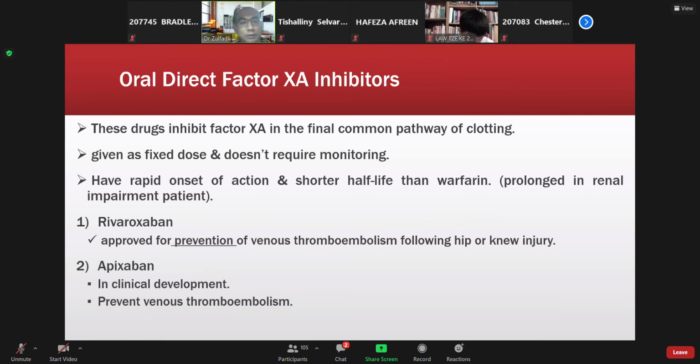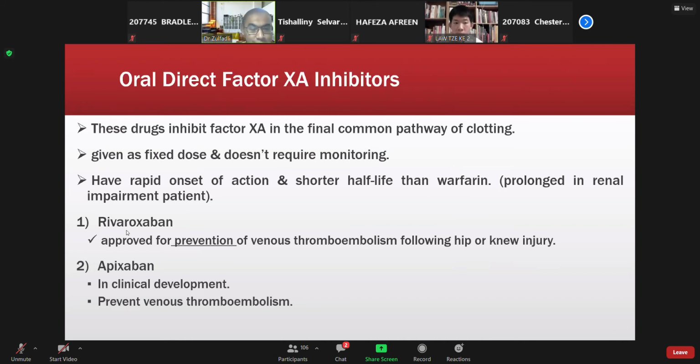Group number 3 is the oral direct factor 10A inhibitor. So this drug inhibits factor 10A directly, and is given at a fixed dose and doesn't require monitoring, because this drug is specific, inhibiting factor 10A only.